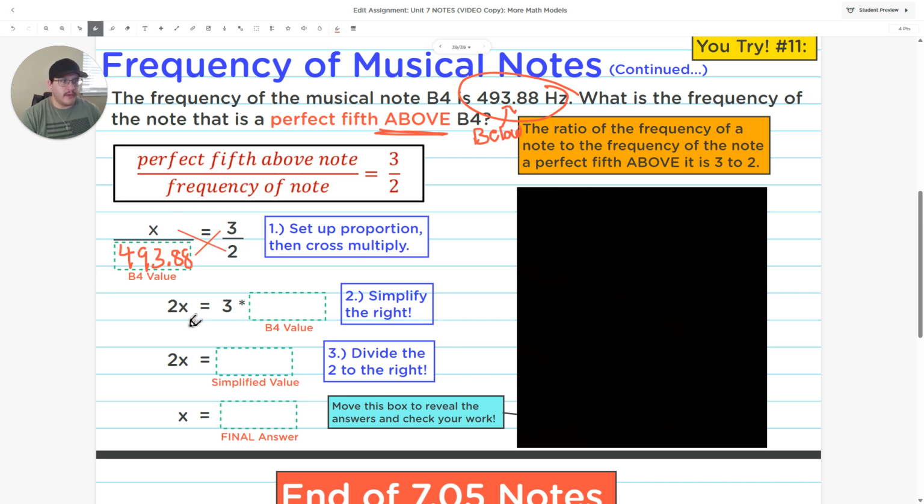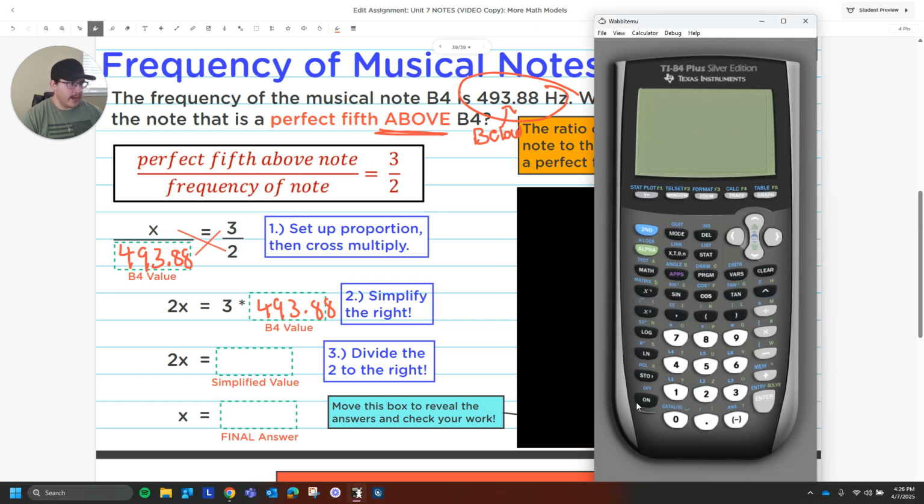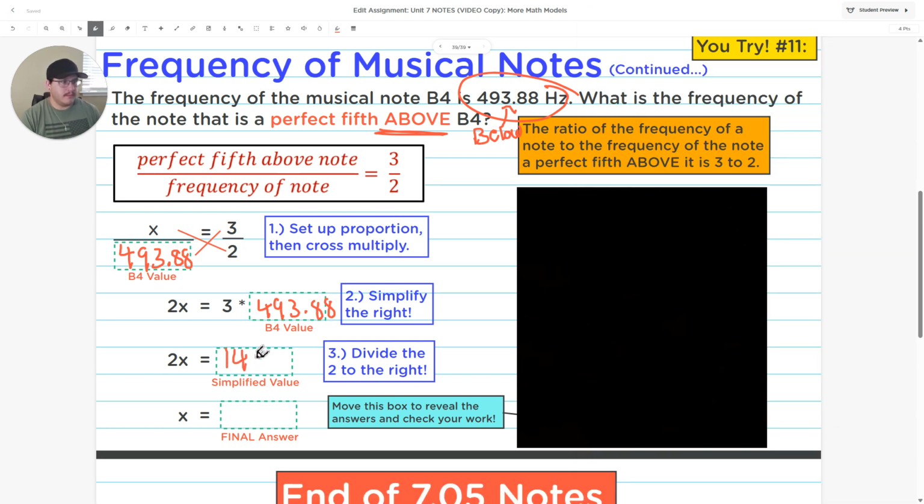Cross multiply, X times 2 turns into 2X. 3 times 493.88. We'll multiply that real quick. 493.88 times 3 is 1481.64.